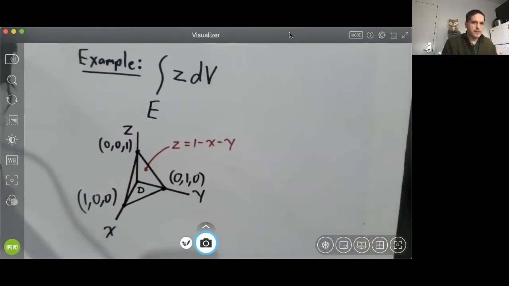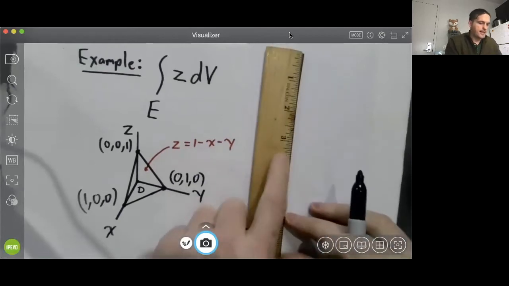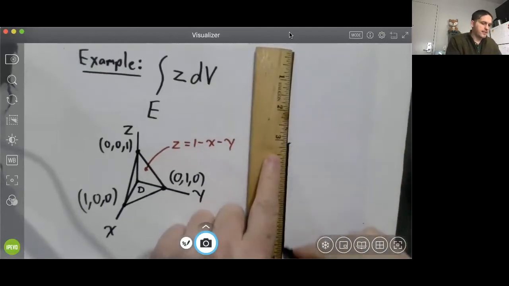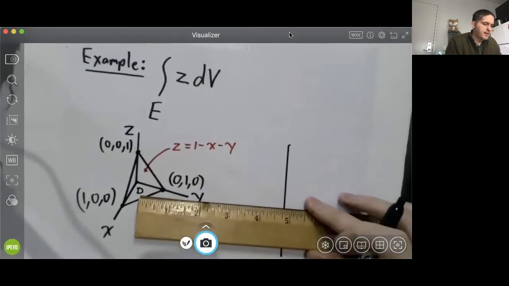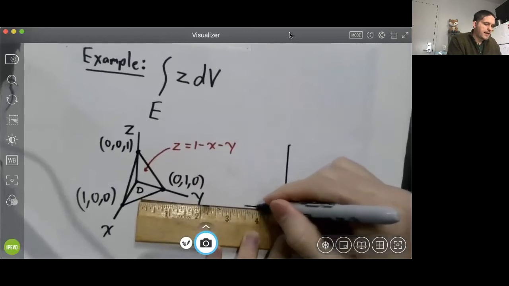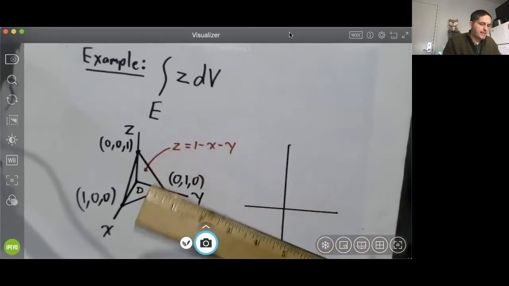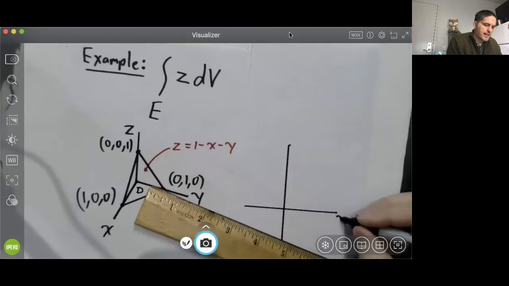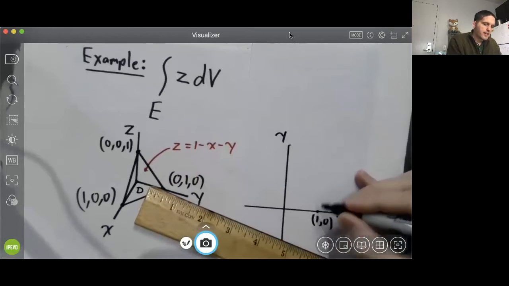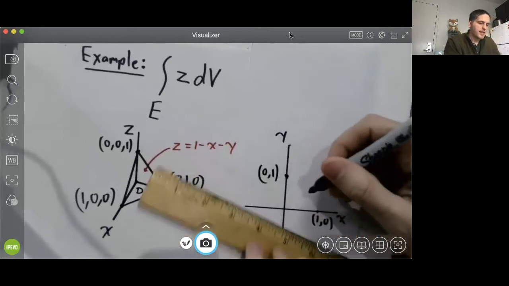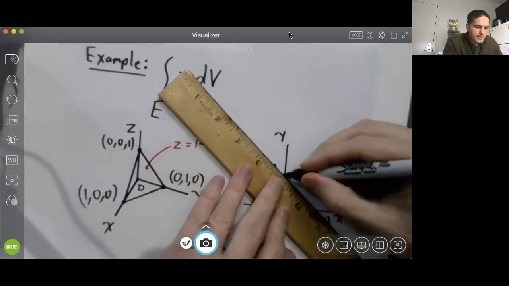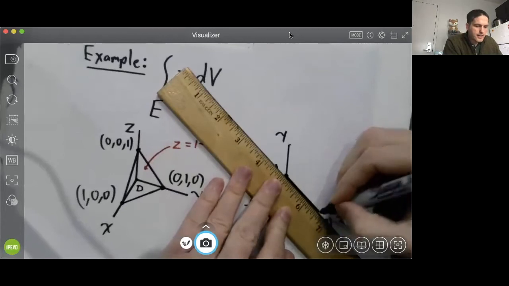And let's draw a separate picture of D. So here is my y-axis, and here is my x-axis, and here is the point 1, 0, and here is the point 0, 1, and I'll just draw that line.